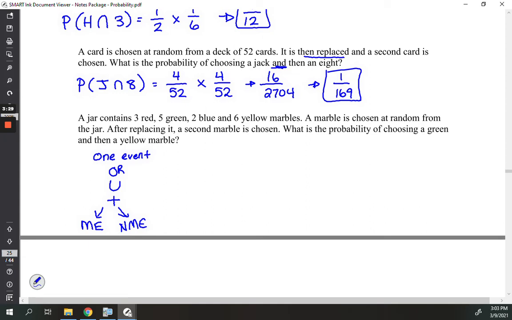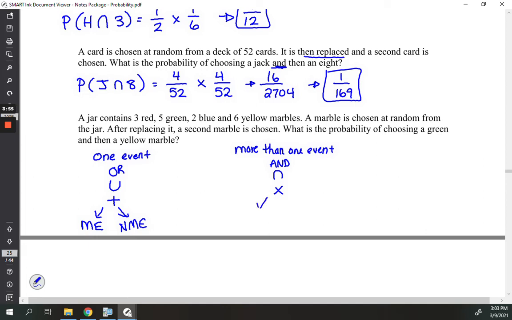That was yesterday's lesson. In today's lesson, now we're doing something with the word and. We're pulling a card and we're pulling another card. That means we have more than one event occurring in today's lesson. We're using the word and instead, which means we have to multiply our probabilities.